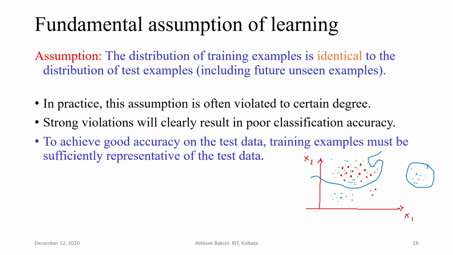It is not possible. It is validated to some certain degree, but that is under a tolerance value. If the threshold increases, then it will be difficult to find a correct classifier.